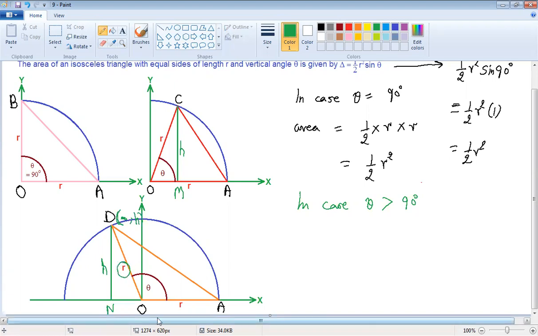So we have sine theta here is equal to h divided by r again, because h is the y coordinate and r is the radius. So that gives us h is equal to r sine theta.